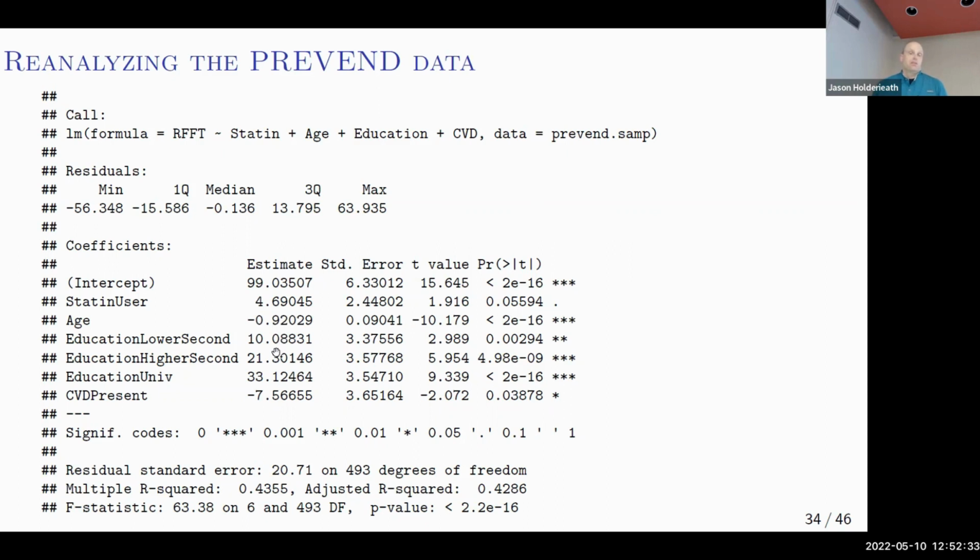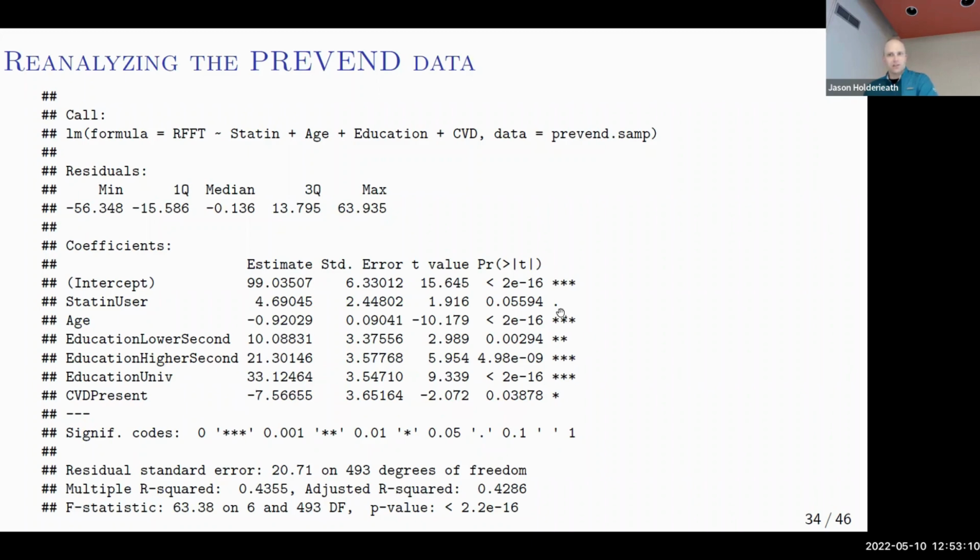Education, the lower second level, these are all relative to that base unit of primary education. So it's going to be 10 points higher or 21 points higher or 33 points higher, depending on what level of education they have. And I still don't know what CVD is, but apparently if it's present, it's 7.56 points lower, you would expect.